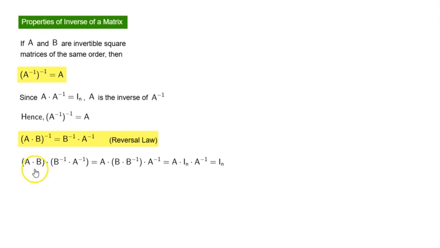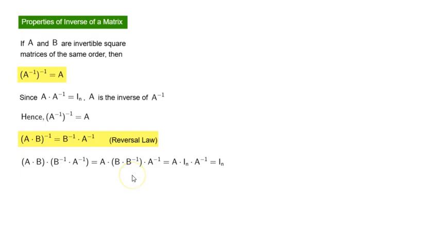So let's do that. Remember, multiplication of matrices is associative. So we can write this as A times (B times B inverse) times A inverse.